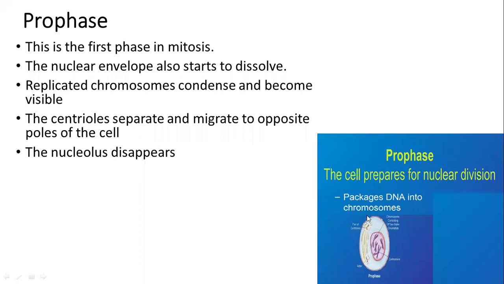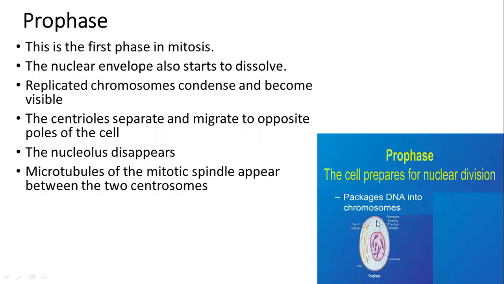Then the nucleolus disappears as well. Microtubules appear between the two centrosomes during prophase.